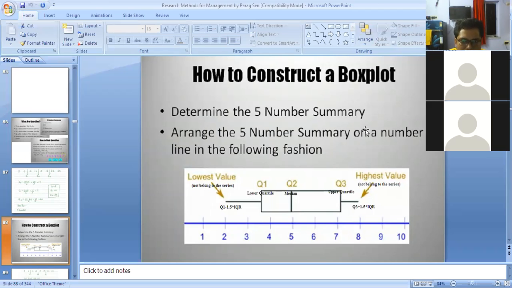The second thing is that the box plot also tells you whether there is any outlier in your data. So first let's take a look at an example.